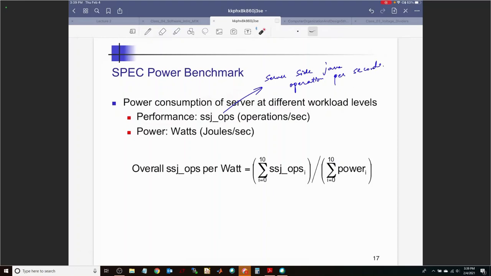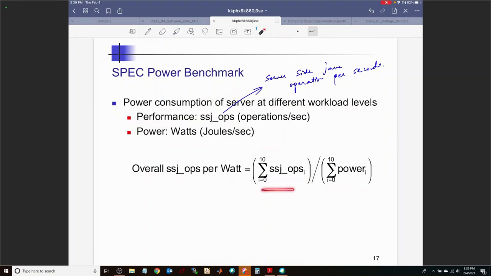And then at each workload level, we are going to see how much power is being consumed. The way we find this benchmark of overall server-side Java operations per second per watt is by simply adding up all the server-side Java operations per second, and the amount of power that was consumed, at each workload level.